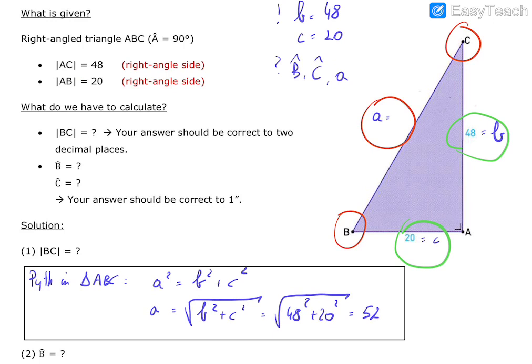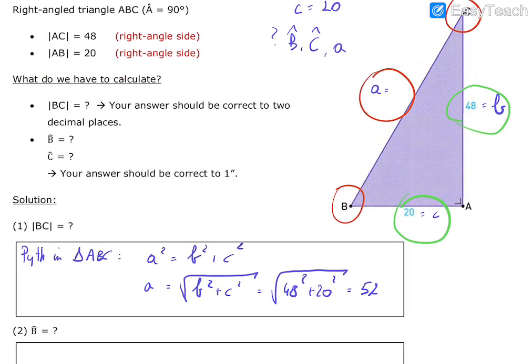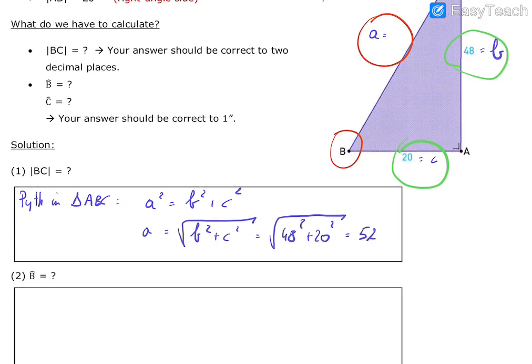Now we're going to calculate the angle, and we only have the sides. Which sides do we have? Well, we have the opposite side B and the adjacent right angle side C. So their relationship is the tangent. The tangent of B is B divided by C. So to calculate B, I'm going to invert this tangent.